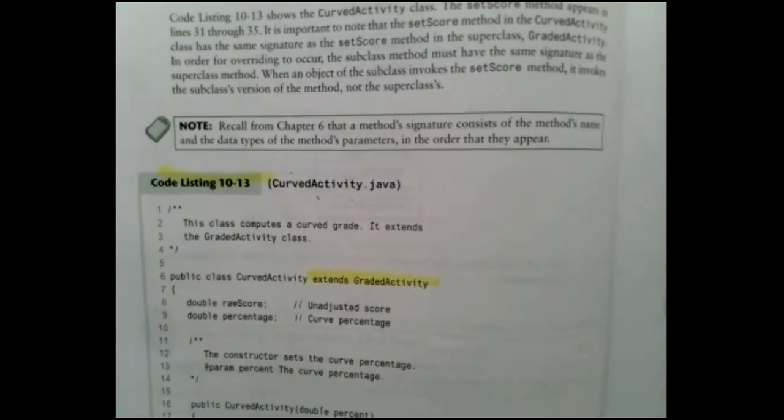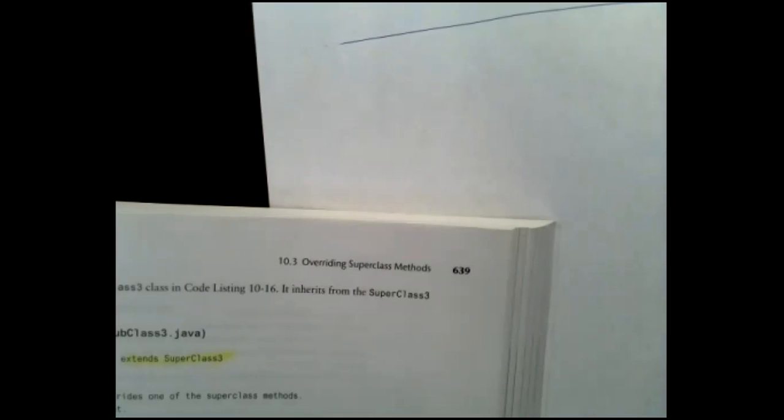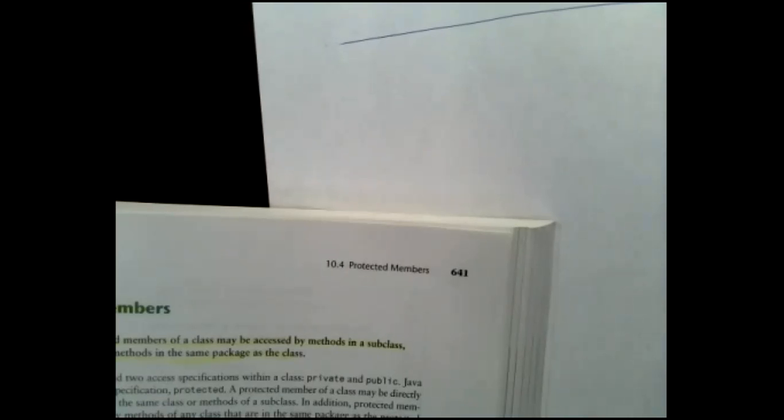And it actually was an example of showing you how to override that score, or that set score. Was there any questions out of that? What overriding is, other than the dog?